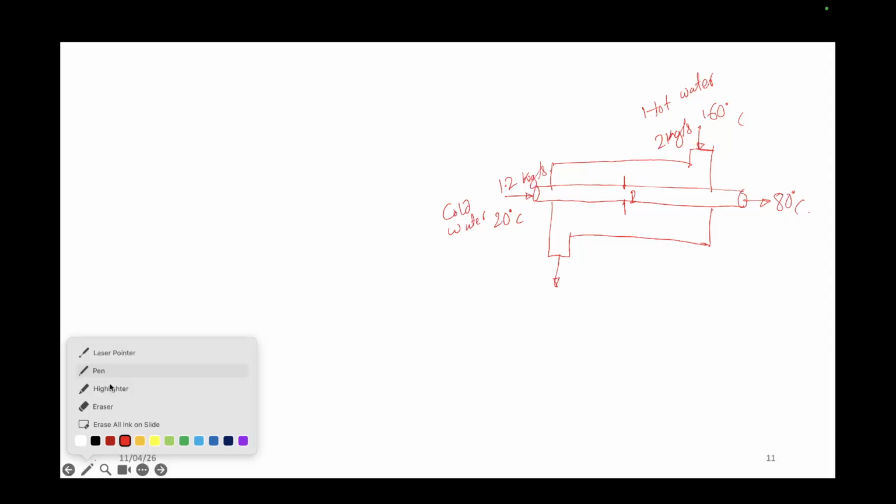Any confusion up to this? Anything you can't understand from this figure, please let me know.